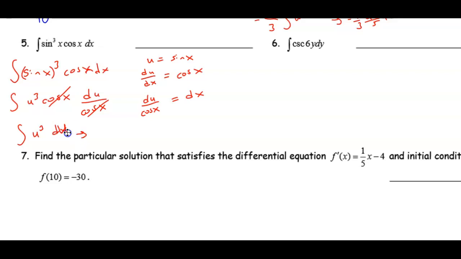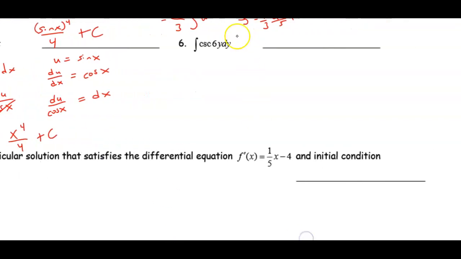Sorry. I said du, but I wrote dx, which gives us u to the fourth over 4 plus c. And now we just plug our u back into it. So you can write it as like 1/4 sine of x, or sine of x over 4 plus c right there. Wait, did I forget something? I did. It should be to the fourth power. To the fourth power. There we go.